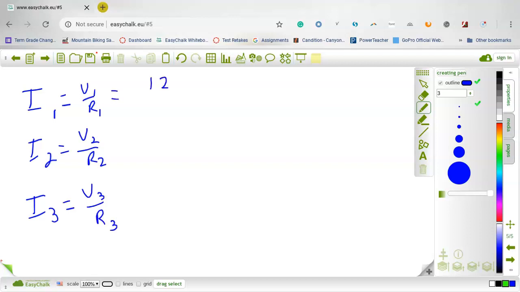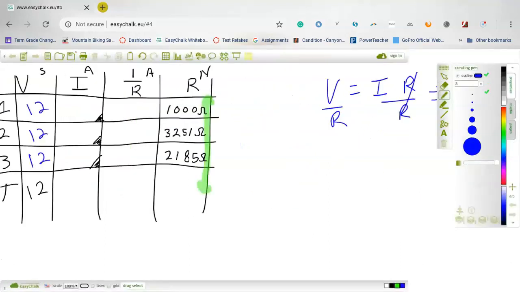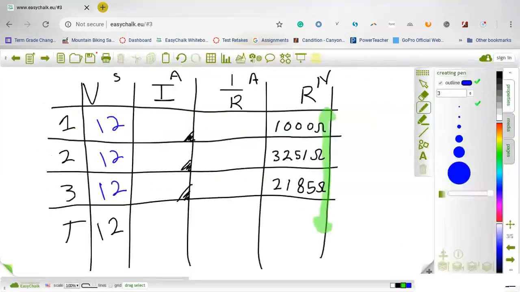So V1, that's 12 volts over 1,000 ohms. And then V2, that's again 12 volts. Remember, if we go back to our VIR square for the parallel, those voltages were all the same, right?